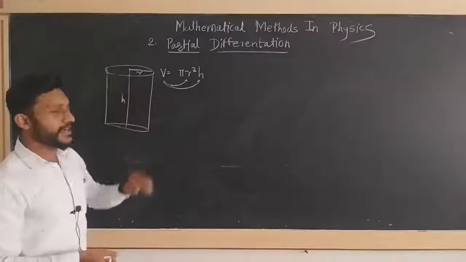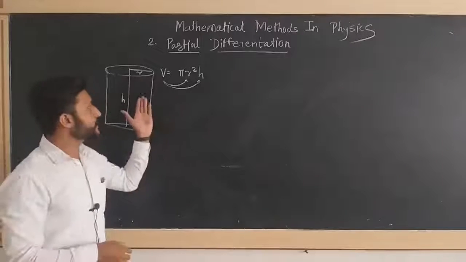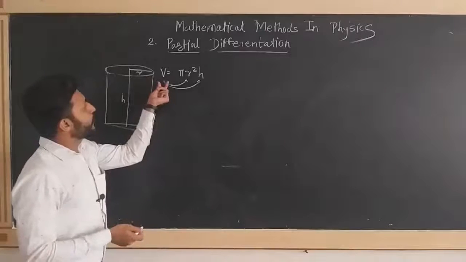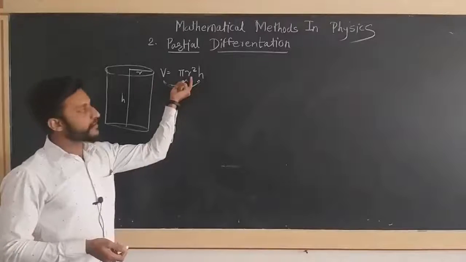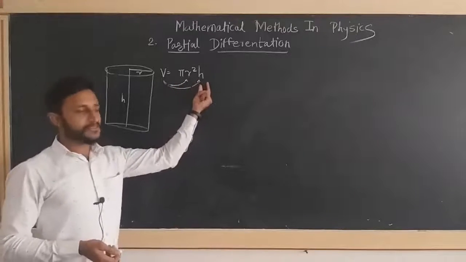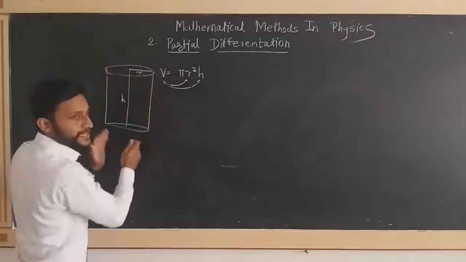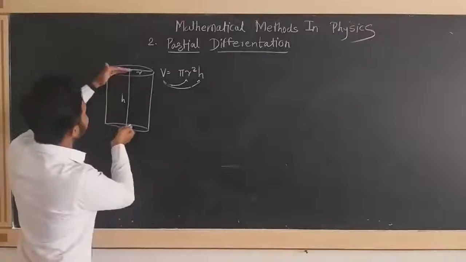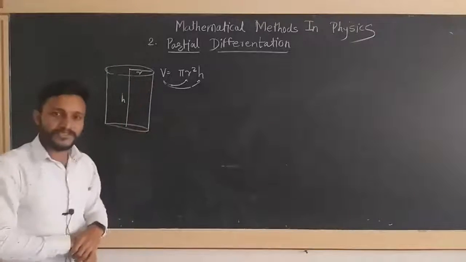So r and h are independent variables, because r and h do not depend on any other physical quantities. Here v is changing with respect to r by keeping h constant. If we increase r, volume of the cylinder increases although height is constant, or if we increase the height, volume of the cylinder is changing although r is constant.